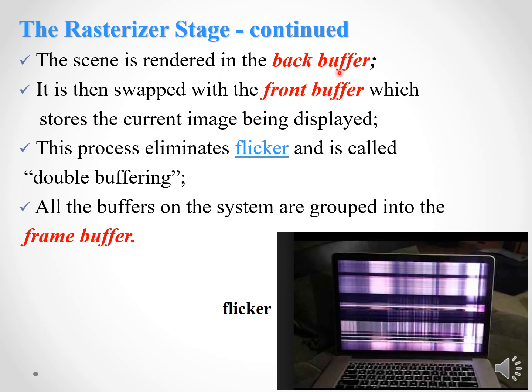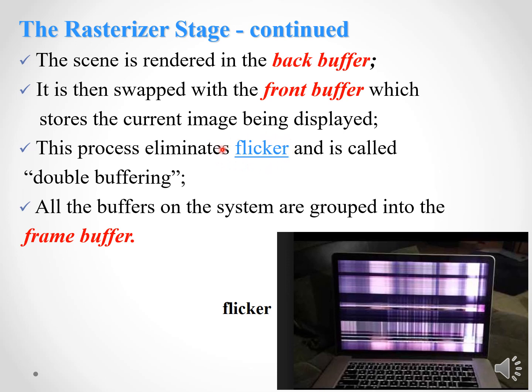Okay, the scene is rendered in the back buffer, and then it will be swapped with the front buffer, which stores the current image being displayed to us through the screen. Basically this process will eliminate or remove the flicker, and this process is known as double buffering. So what is flicker?